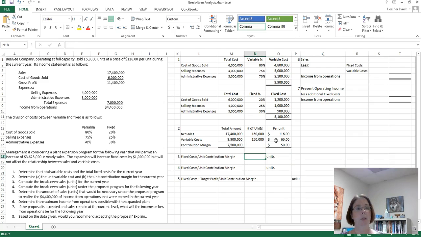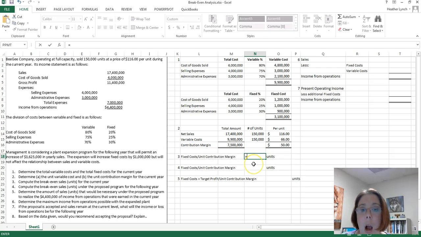So now 3, compute the break-even sales in units for the current year. When we want to find out the break even, we need to know how many units we can actually produce to break even, having no profit. So to do that, you take your fixed cost and you divide it by your unit contribution margin.